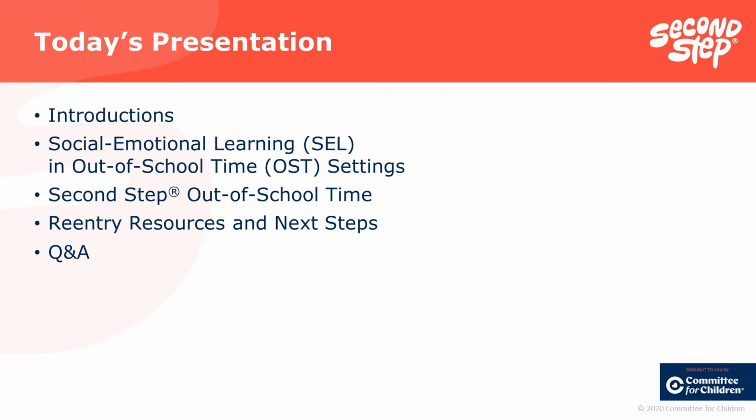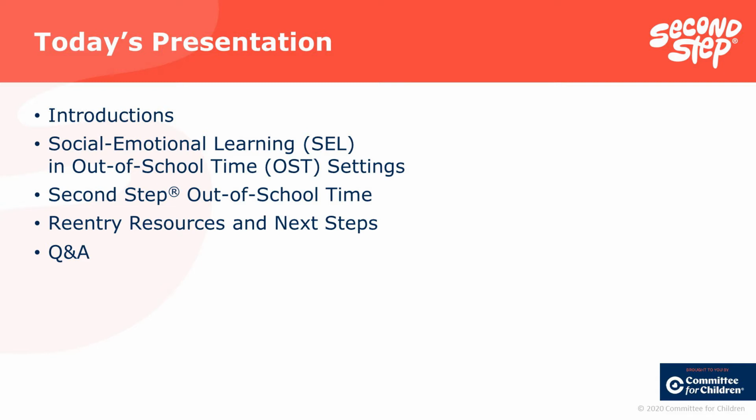What we're going to do today is some quick introductions. We're going to talk about social emotional learning, or SEL, in out of school time, also known as OST settings. Of course, we're going to go through the Second Step Out of School Time program, the research and all of the things that went into that design, and how it works.